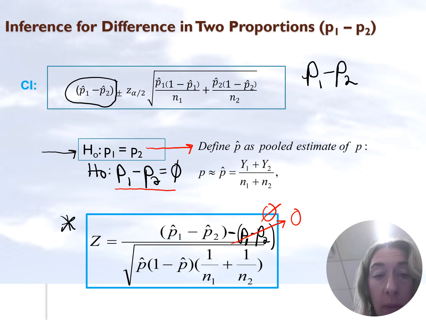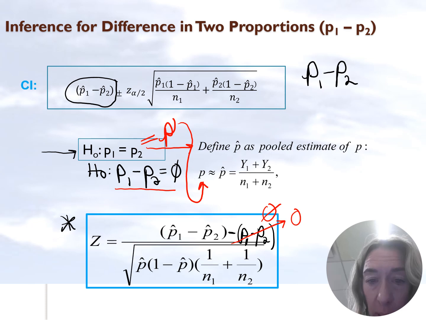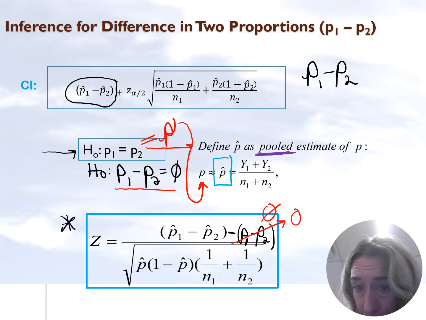If we're hypothesizing no difference, then P1 equals P2, and we can simply replace that by one variable called P. In order to estimate this one P, which we will call P hat, what we can simply do is pool the information from the two samples out of the populations.